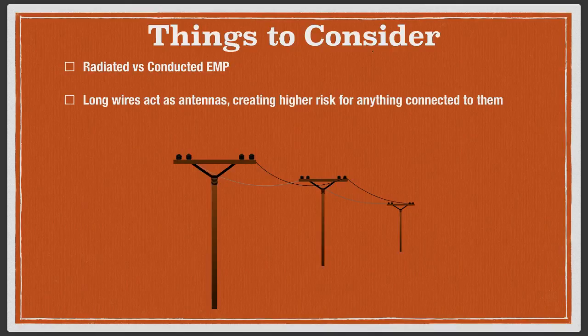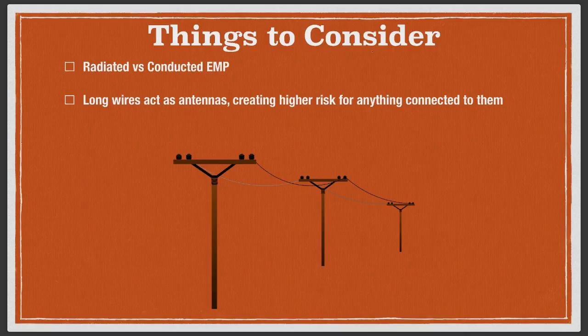Believe it or not, small-scale tests indicate that some tiny electronics, like a cell phone, for instance, might actually do okay in an EMP. I'm not saying that all cell phones, not by a long shot, but I'm just saying that they might do okay or better than other devices that are connected to long wires. That's because cell phones are so small and there aren't any long wires connected to them.